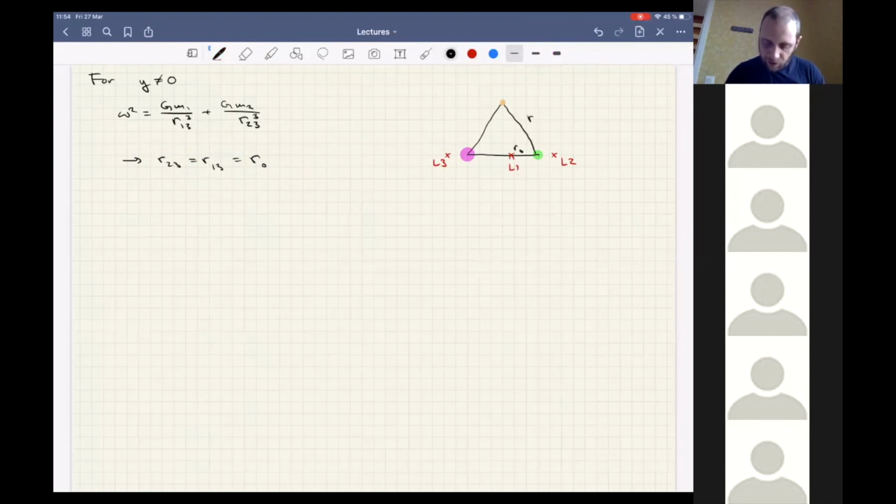Because this was R23 and this was R13, they are both equal to R0. So we have this equilateral triangle. So this is our fourth Lagrange point.